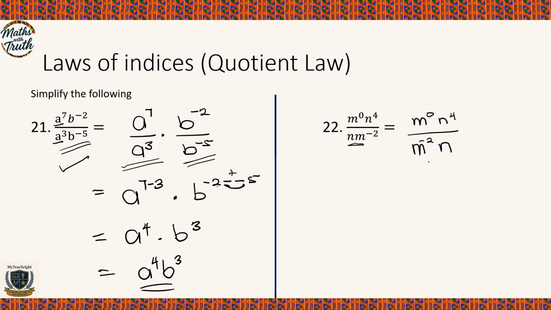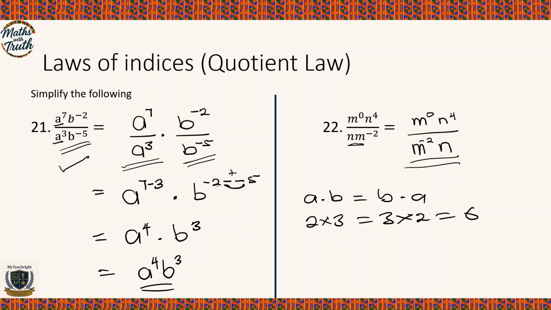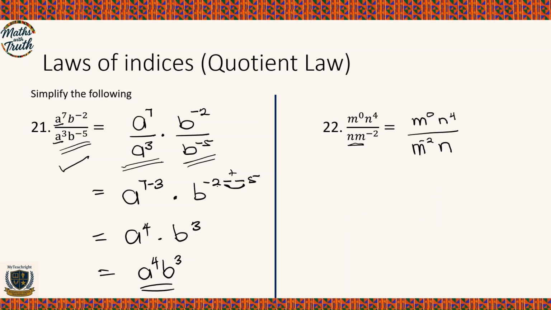Now we are just playing with the commutative property of multiplication. If you have a times b, this is equal to b times a. 2 times 3 is equal to 3 times 2, which all equal 6. So we have not changed anything here by swapping their positions. Then when we arrange them that way, it makes it more visible.